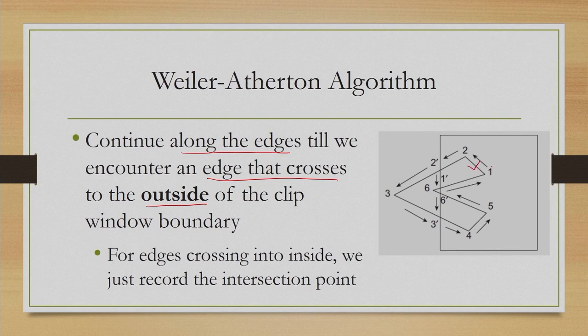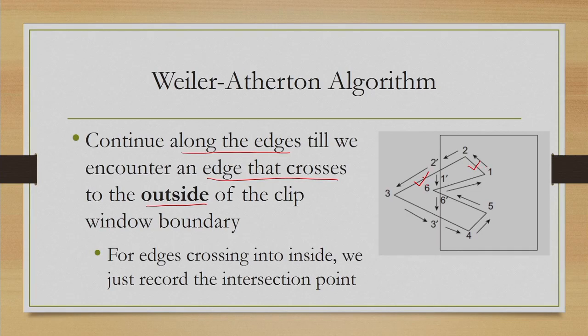We check whether it crosses the window boundary or not. It does not cross, so we continue to the next edge, that is 2 3, represented by the vertex pair 2 3. Now, this edge crosses to the outside of the window boundary. Note that here we are following anti-clockwise order.